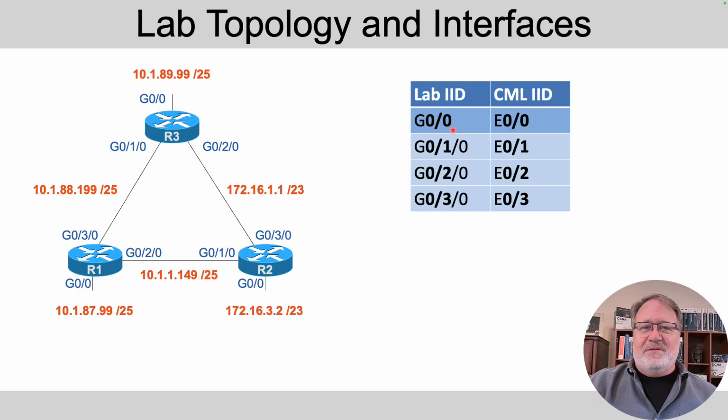So Gig 0/0 in the lab, in CML, you'll see E0/0. Gig 0/1, you'll see E0/1. So notice the bold numbers. 0/2 matches to 0/2, 0/3 to 0/3. Hopefully that'll make it a little easier to do the lab when you're referencing the page and the video. Now you can go do the lab in CML.